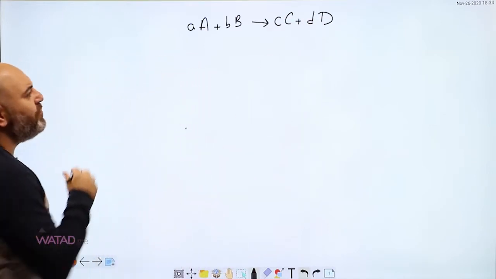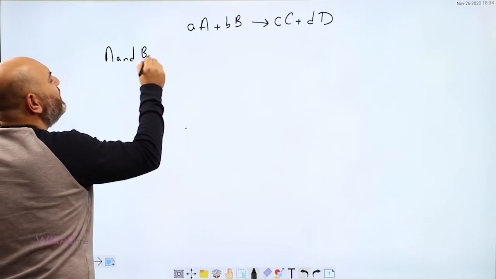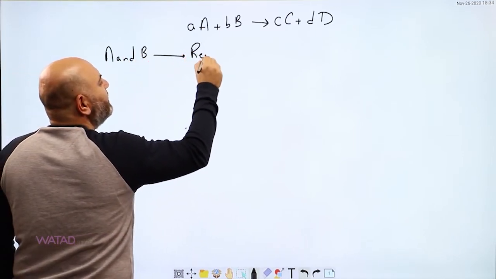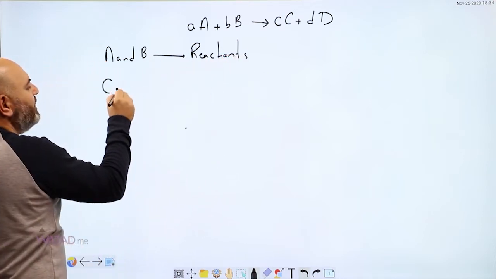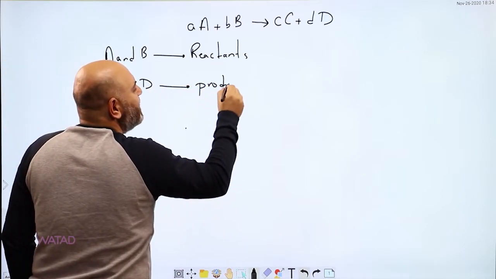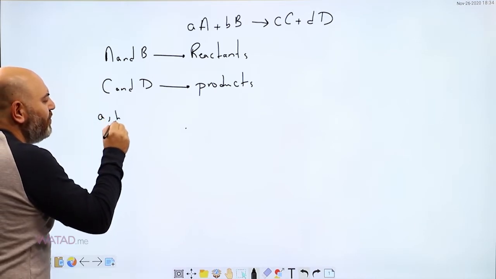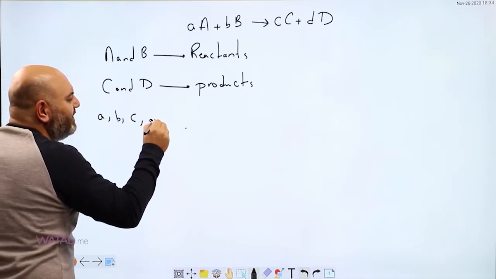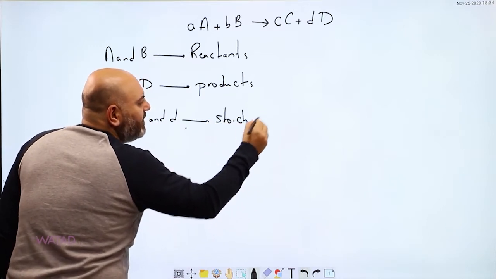What you have to keep in mind is that A and B are called reactants, C and D are called products, and the small a, small b, small c, and small d are called the stoichiometric coefficients.